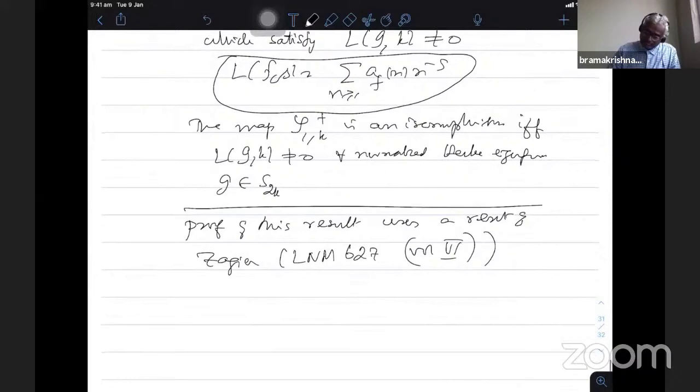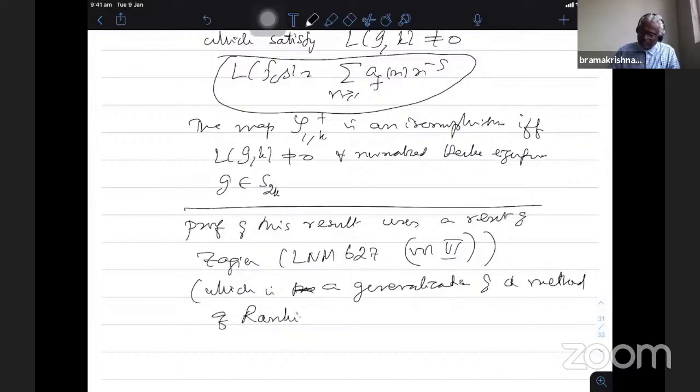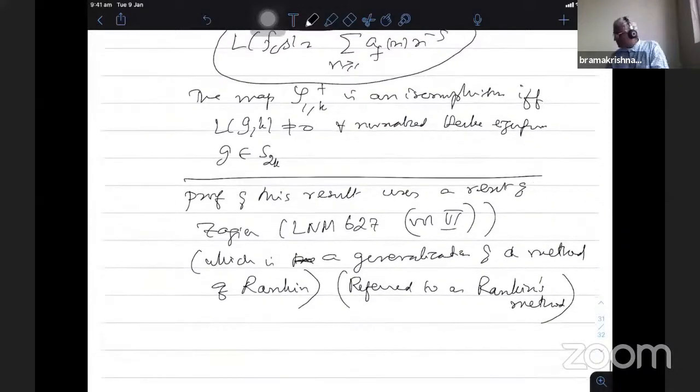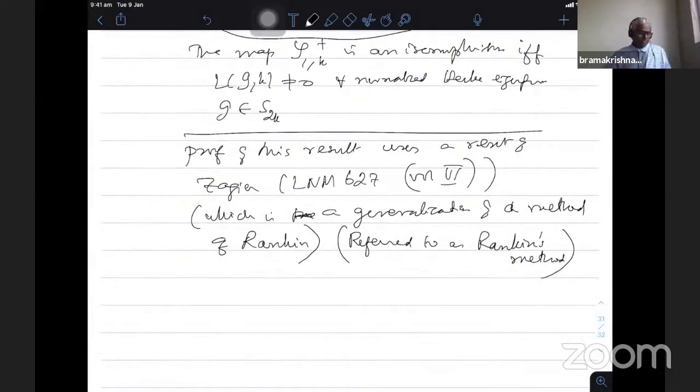So this is a generalization of a method of Rankin. This method is generalized to many setups, and that is referred to as Rankin's method. Okay, so we will just see how this should go. I think we can do this.